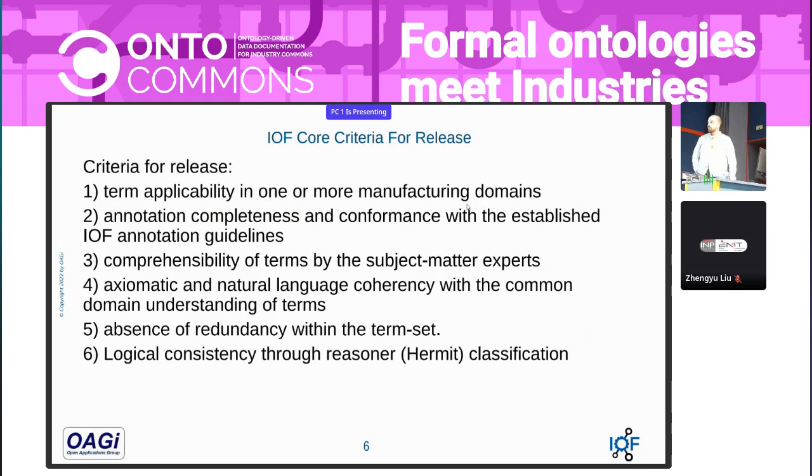I've listed here a lot of criteria that were considered for the release, but I think the most important ones were that the terms are broad in scope, non-redundant, that they can be understood by subject matter experts, and that they're also, both in the definitional and the axiomatic sense, coherent with the understanding of the term in the domain in question. And of course, the ontology was run through the HermiT reasoner to ensure that it's not logically inconsistent in any way.